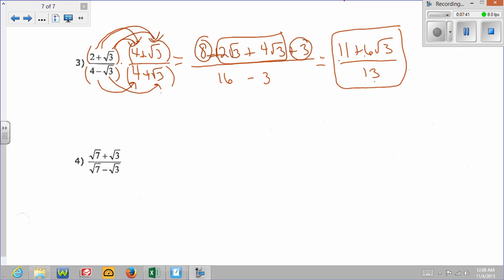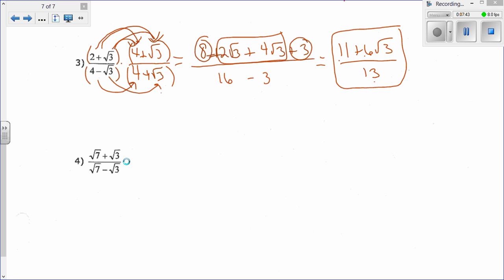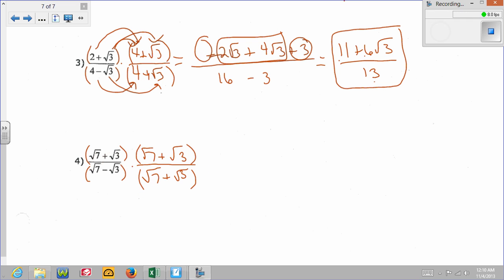I look at my denominator and I find my conjugate, and my conjugate is square root of 7 plus the square root of 3. Put my parentheses in. Okay, now let's multiply.